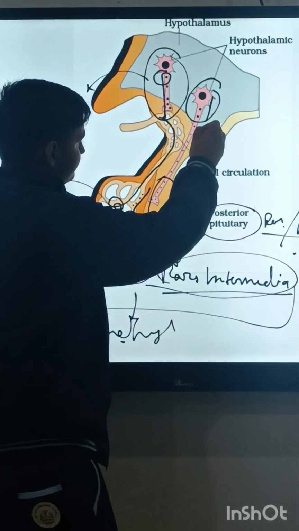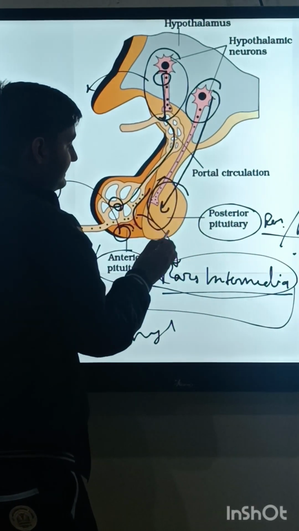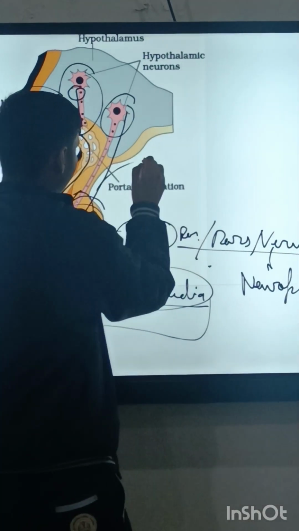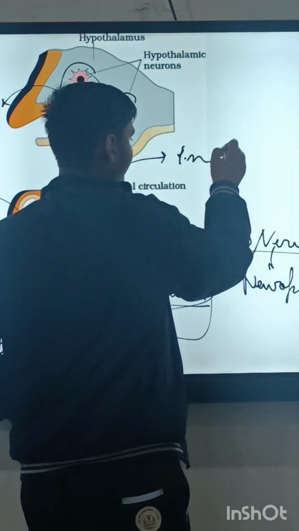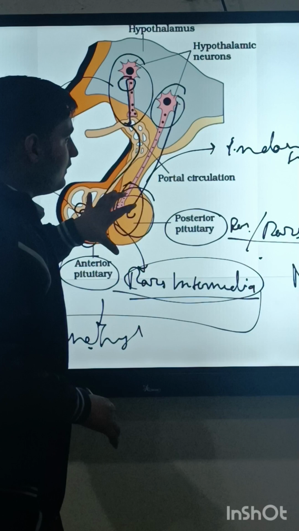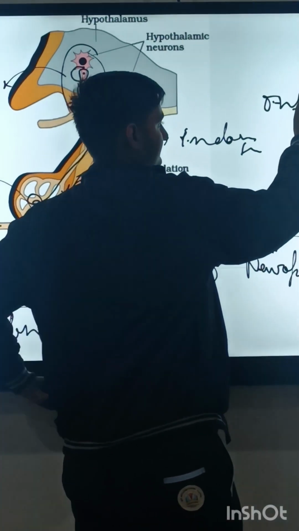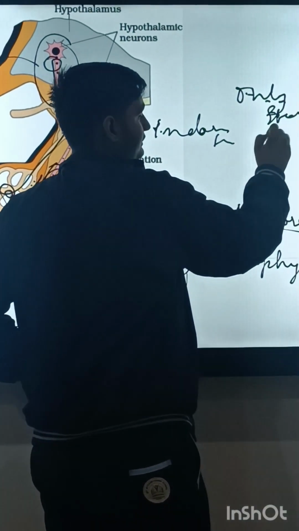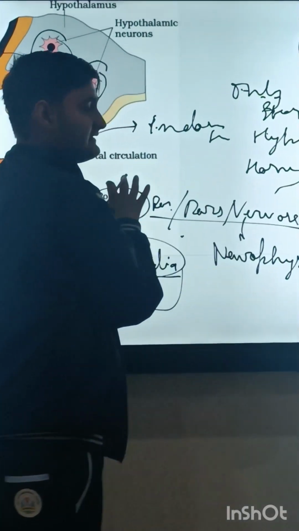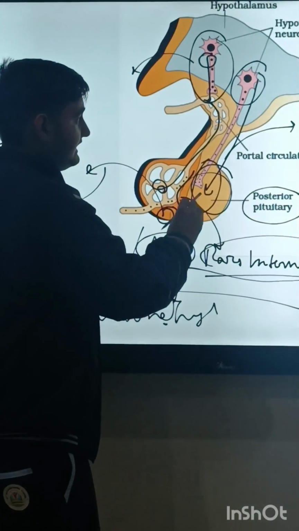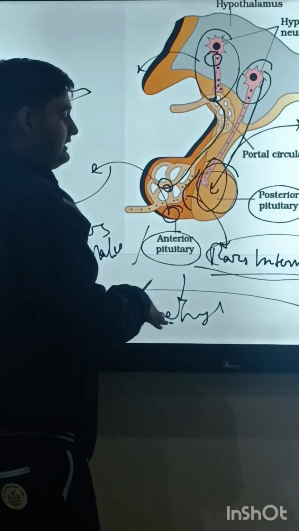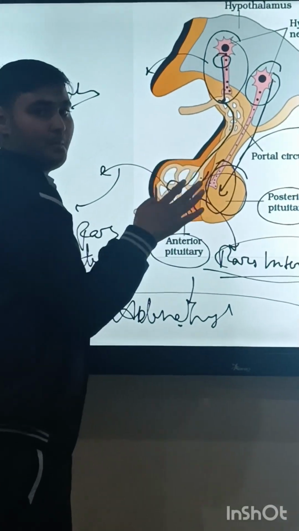But this neuron has a long axon and is directly connected to the posterior pituitary. It means the posterior pituitary is in direct control of the hypothalamus, whereas the posterior pituitary only stores hypothalamic hormones. It does not secrete any hormone, but it stores the hypothalamic hormones, and whenever the body needs them, they pass out through some pores.